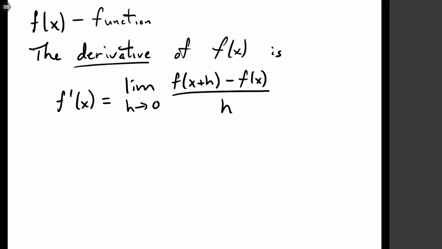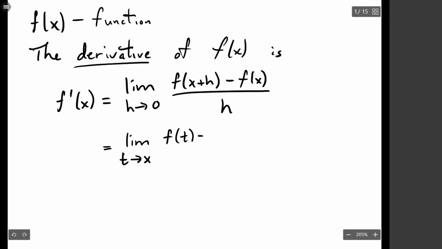All right? We could also use the other definition that we had for instantaneous rate of change. And here we'll want to do something like limit as t approaches x of, the order doesn't matter here. So if we do like f of t minus f of x over t minus x, that'll be fine. Or you can do it in the other order too, f of x minus f of t over x minus t.